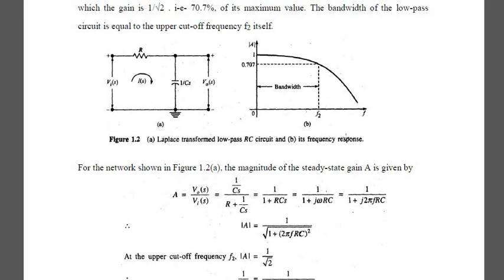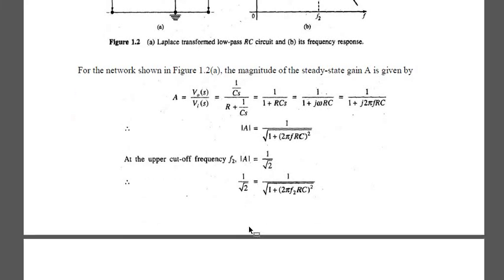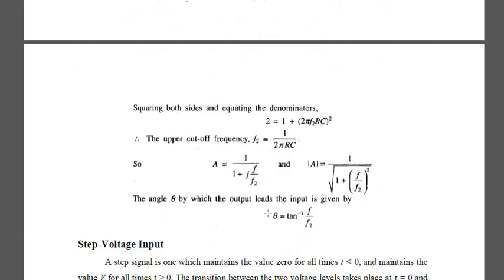Then applying the Laplace transform, you got the transfer function, the gain A is equal to V0(s) by Vi(s), and we substituted the values. The upper cutoff frequency is given by 1 by root 2, and the value for that is 0.70. You have substituted the values and got the value of gain as well as theta.